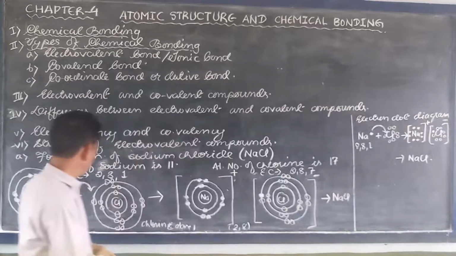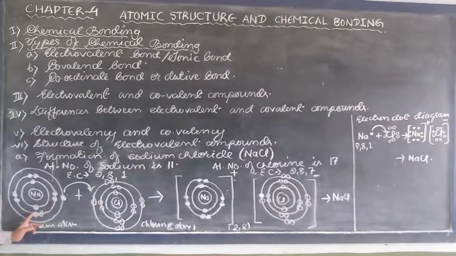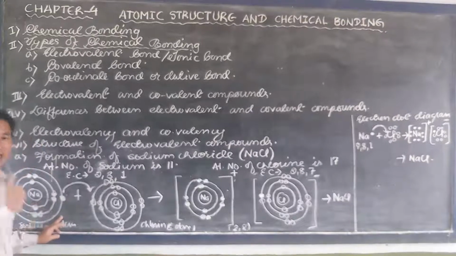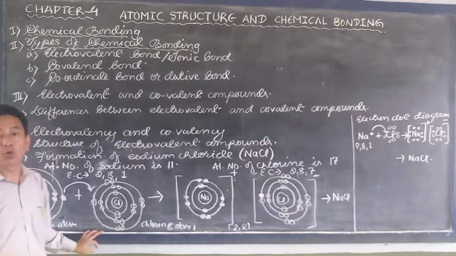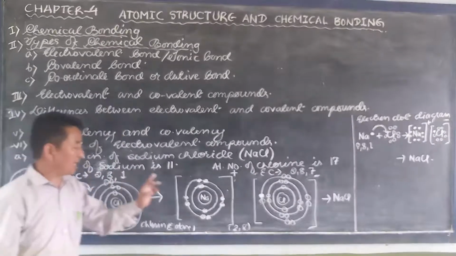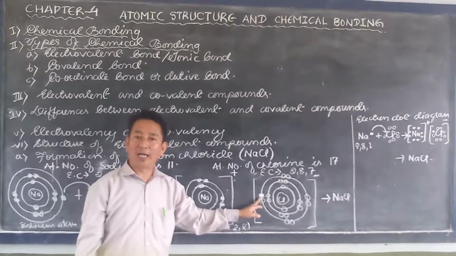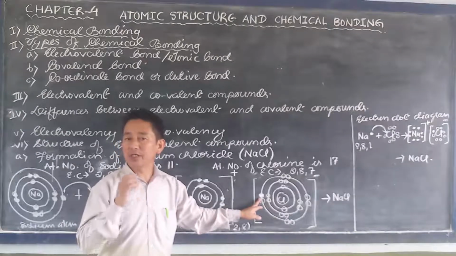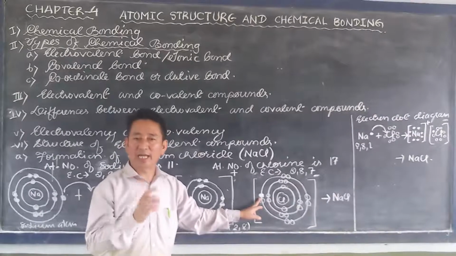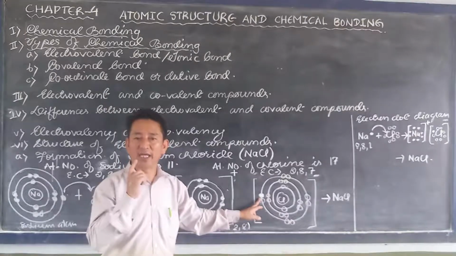In this case, the sodium atom is oxidized to form a sodium ion by the loss of 1 valence electron and acquires the stable electronic configuration of the nearest noble gas neon, that is 2, 8. The chlorine atom gets reduced to form a chloride ion by the gain of 1 electron, and acquires the stable electronic configuration of the nearest noble gas argon, whose electronic configuration is 2, 8, 8.